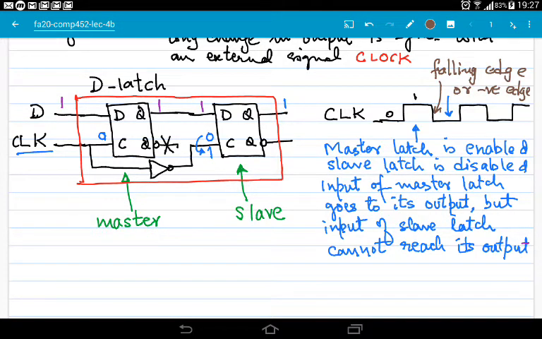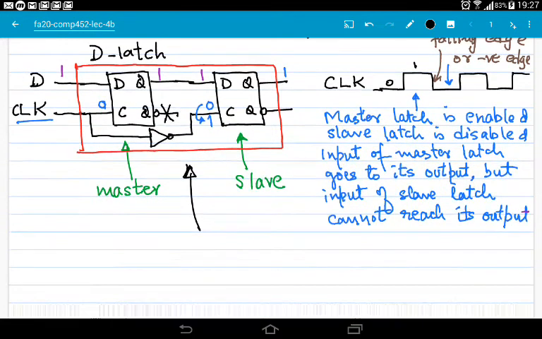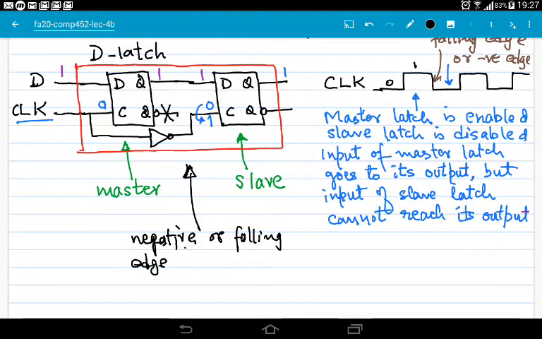So that's why this flip-flop, the thing in the red box, is called negative or falling edge triggered D flip-flop.